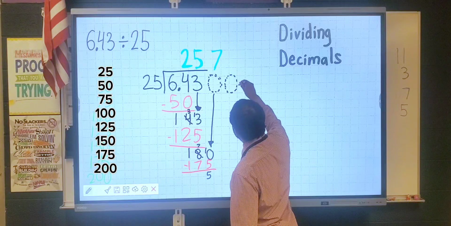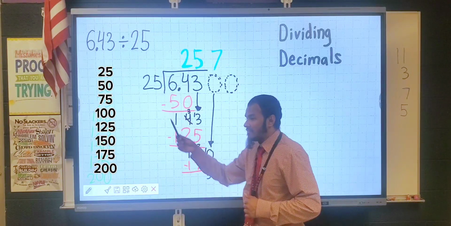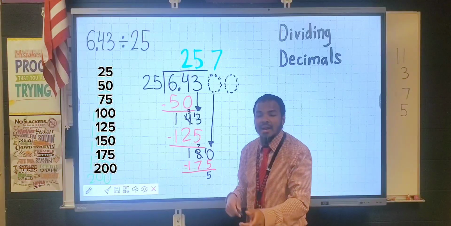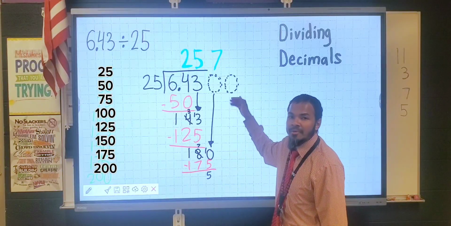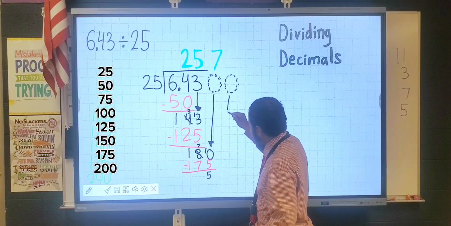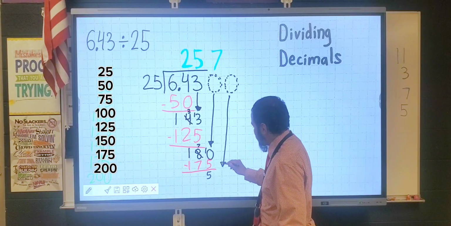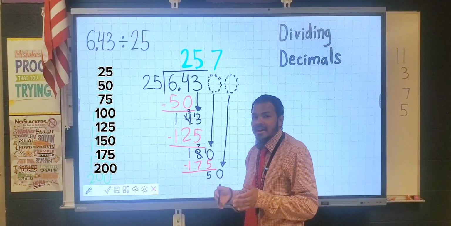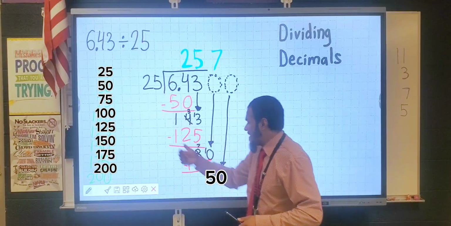When you annex a 0, you now can say, oh, 25. If I count by 25, I'll never say 5. That means 5 needs air support. You have another number that can provide that air support, and that number is 0, so you bring that down. It's not a 5, it's not a 0, it's a 50. So I'm going to count by 25 and get to 50.